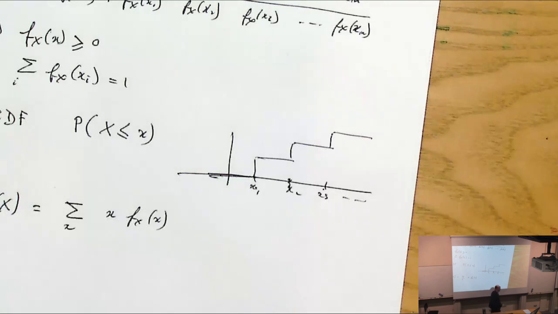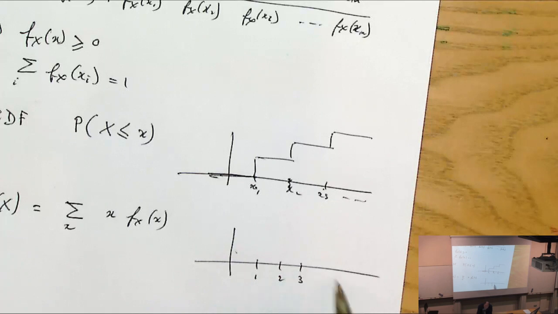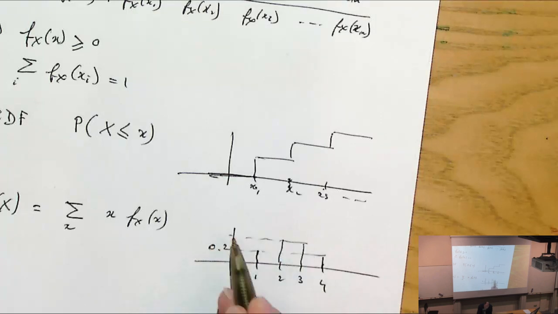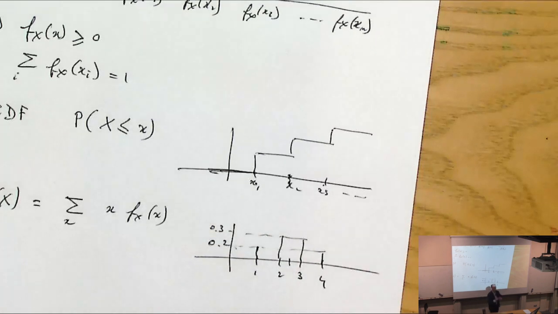It measures where, on average, the distribution is centered. For instance, if I have a distribution with values 1, 2, 3, and 4, with something like 0.2 here and 0.3 here, you see that this distribution is centered around 2.5.